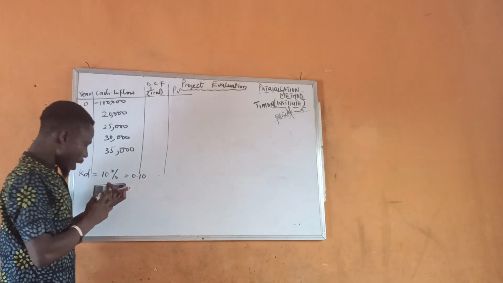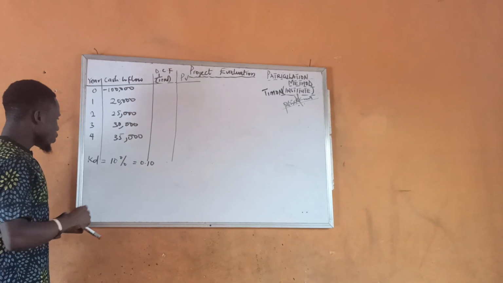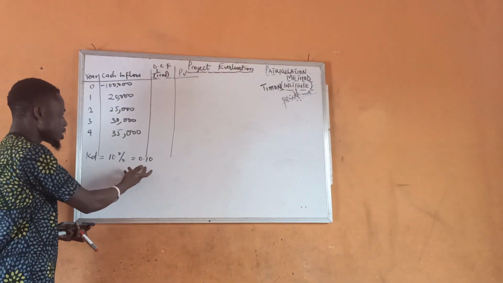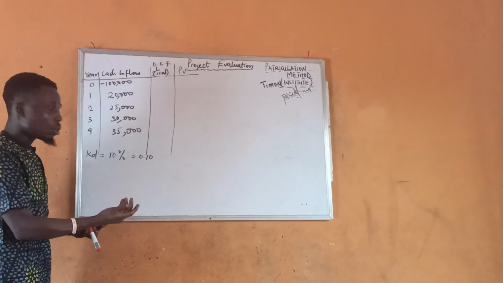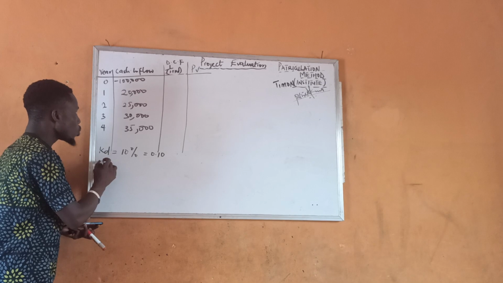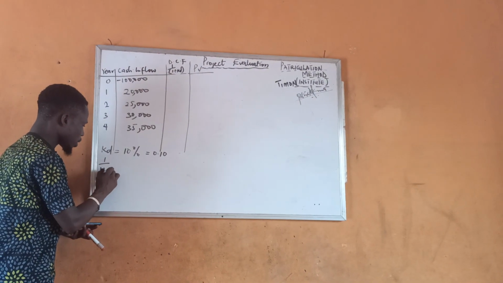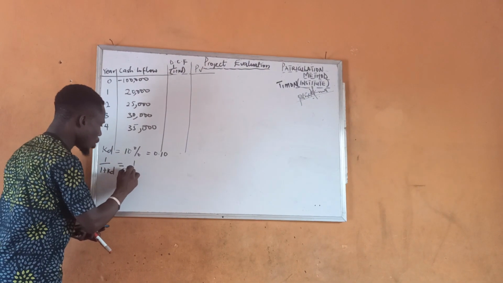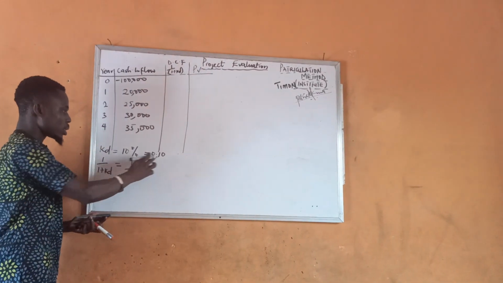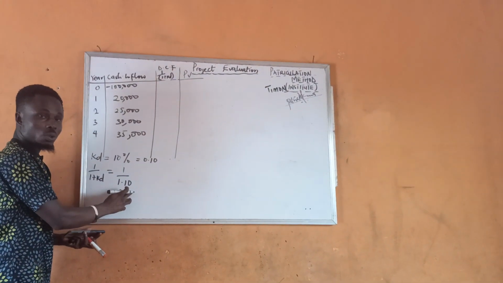You understand? The KD here is the opportunity cost of capital, which is 10%, and 10% is gotten from 10 divided by 100, which is 0.10. So if we do 1 over 1 plus KD, we'll be getting 1 over 1.10.